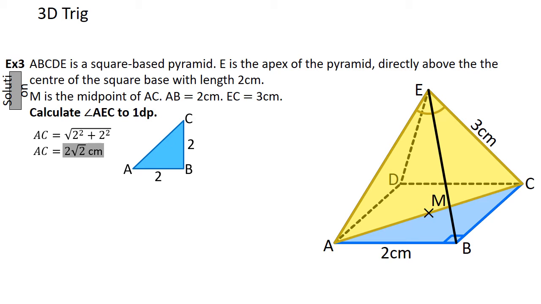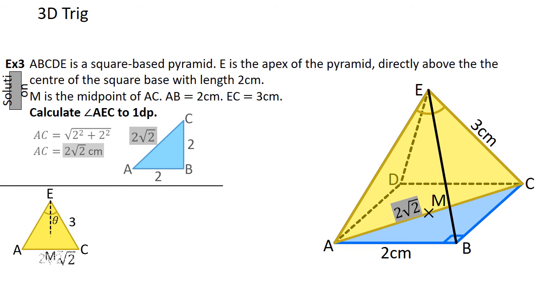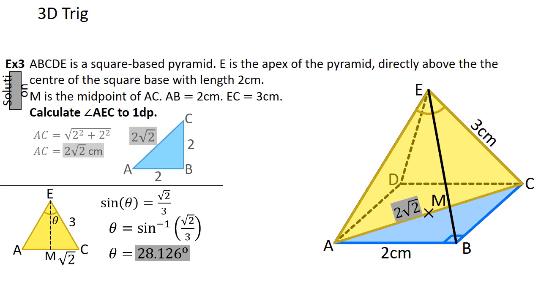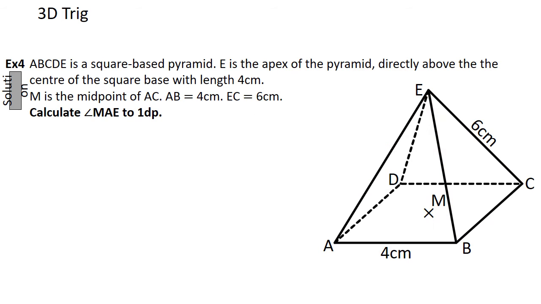Then we're going to halve it because we only want AM, which is obviously just the square root of 2. We know that the slanted side is 3. So to find that angle, we're going to go sine, because we've got the hypotenuse and the opposite. So it's root 2 divided by 3, and then sine to the minus 1, which is 28.126. Now because we want the full angle, we've got to double it.